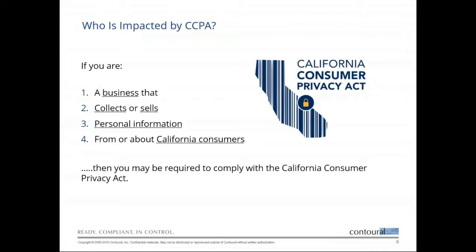And I think, frankly, that means that if you do business in California, or you do business with people who are residents of California, even if they travel outside the state, you may be required to comply with this law. Pretty broad in terms of its impact out there.